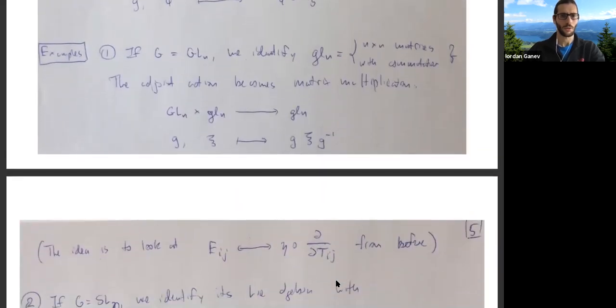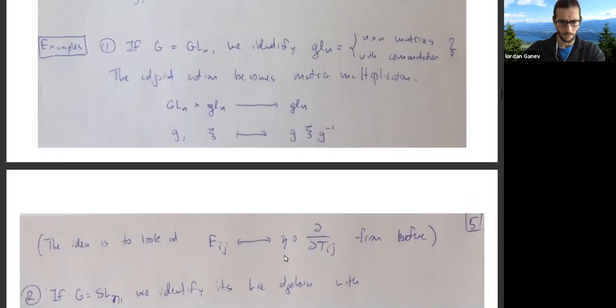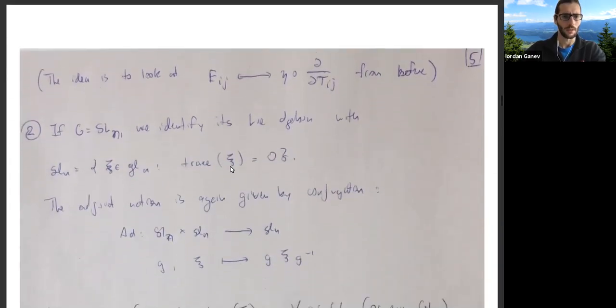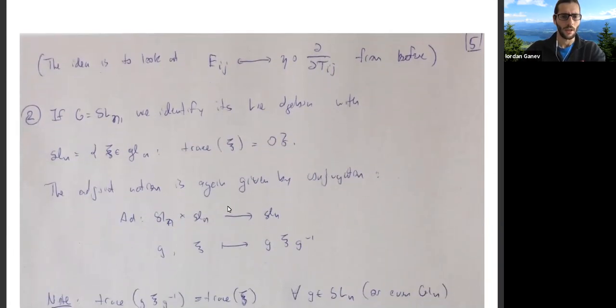So this adjoint action turns out to be just conjugation in many cases. For GL_N, it's on the nose conjugation by an invertible matrix, because the Lie algebra can be identified with all matrices. For SL_N, the Lie algebra is traceless matrices, and again, the adjoint action is given by conjugation.